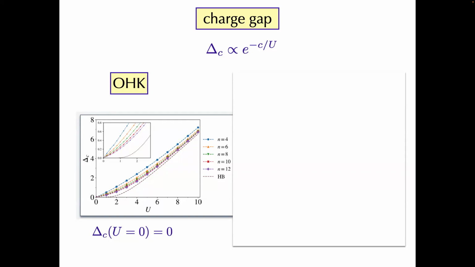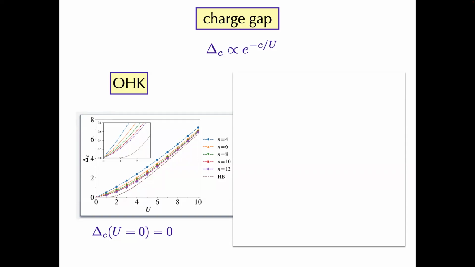And the important thing is this small region right here around u equals 0. That's where the essential singularity is. So I've blown up here this discrepancy. Okay, we do get that at u equals 0, the gap is 0. But we need to go to a fairly large n to get this exponential behavior. So we can't get that.